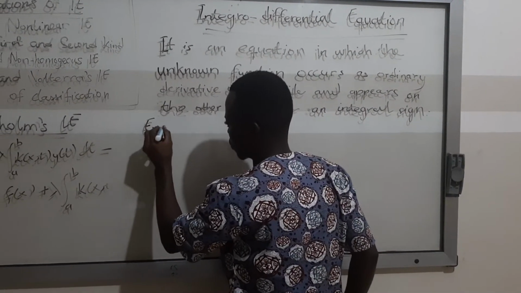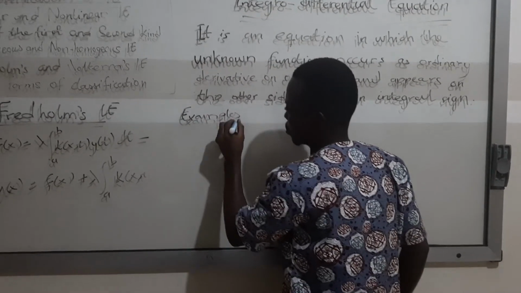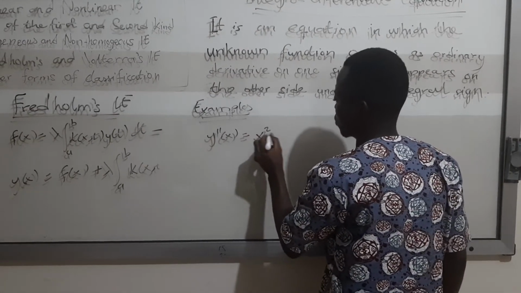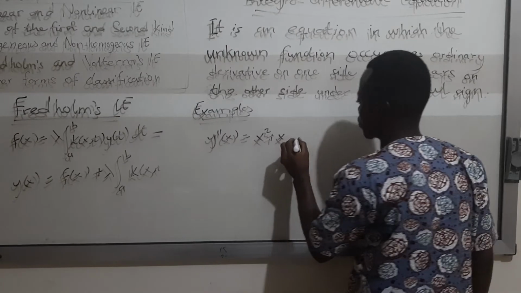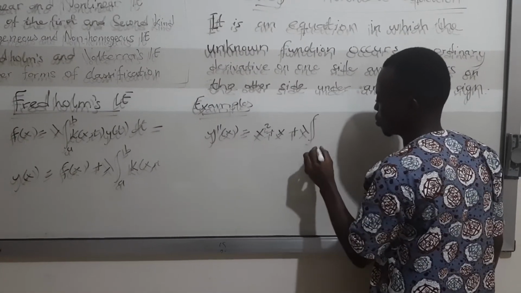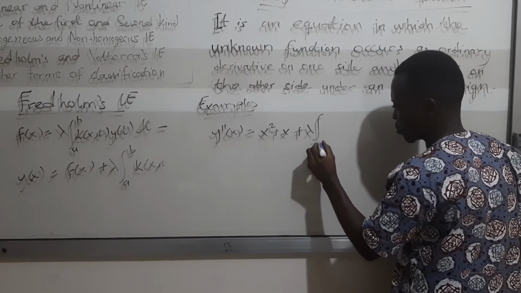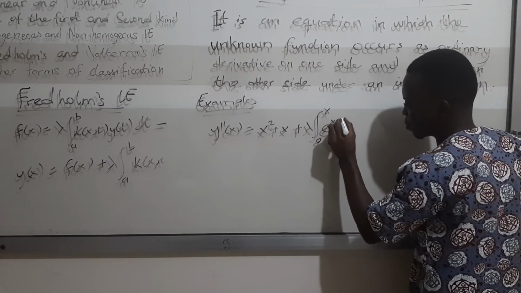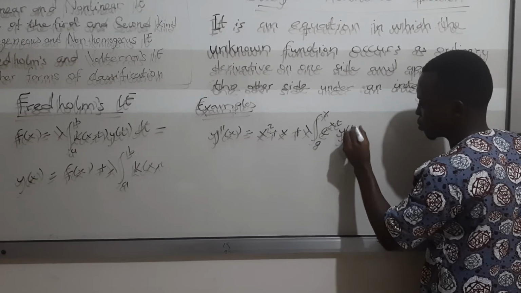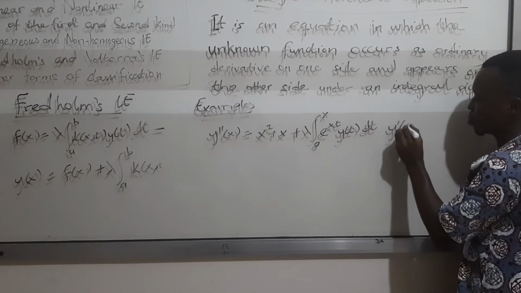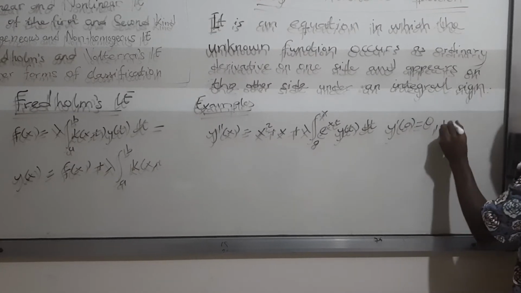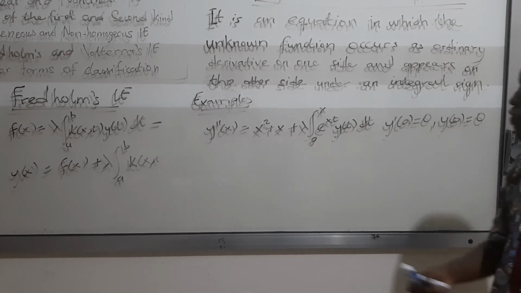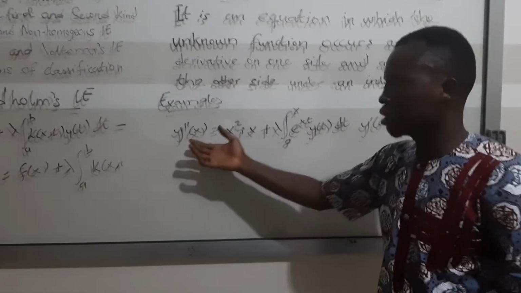Examples. This is our first example. You can easily see that this is our unknown function, this is also our unknown function.